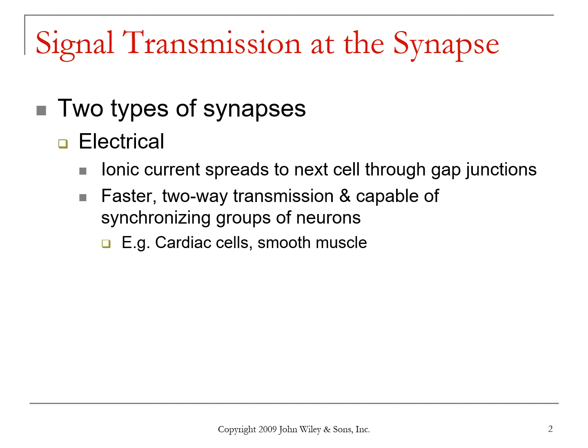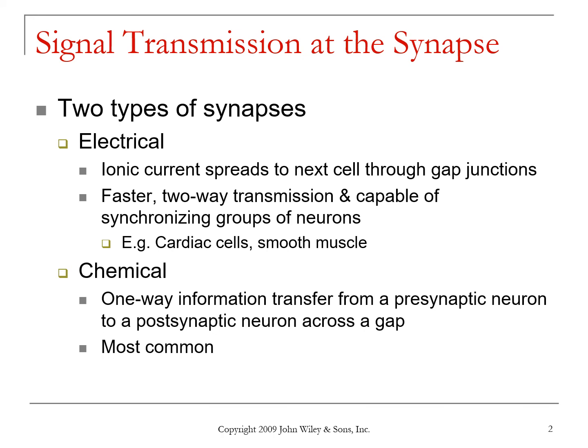Skeletal muscles and neurons experience excitability in a different way in that these have chemical synapses. Transmission of information is one way from the presynaptic neuron to the postsynaptic neuron, which might be another neuron or a skeletal muscle cell.